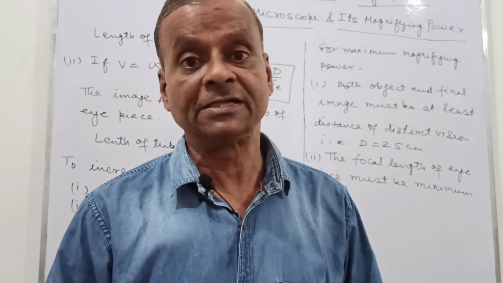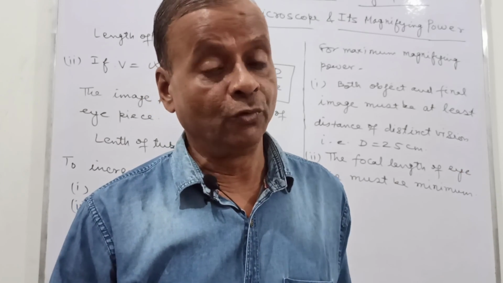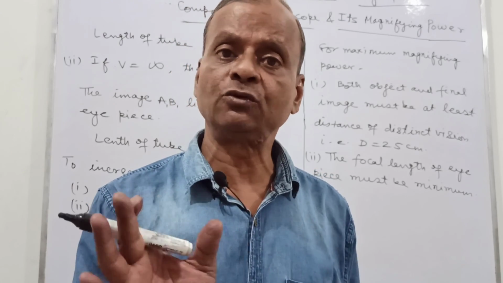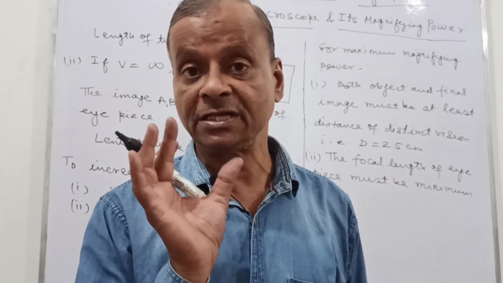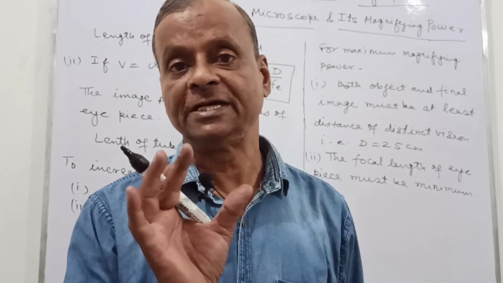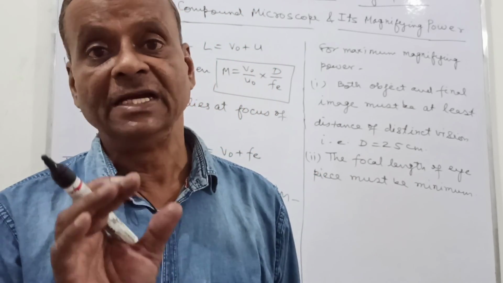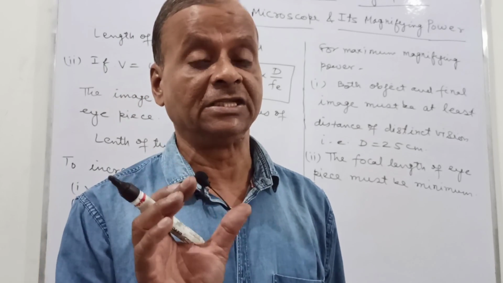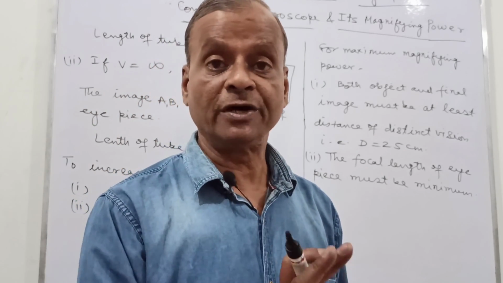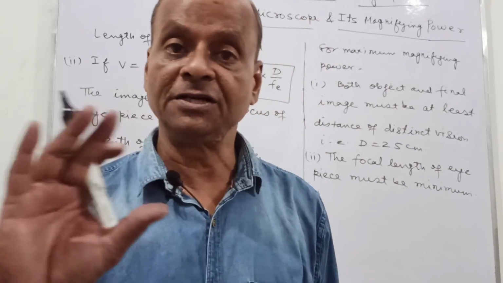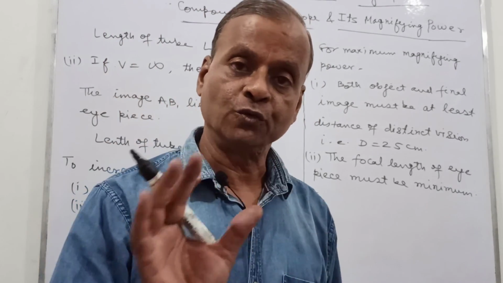So this is why more than two lenses are used. Here I have told you about two kinds of lenses, the objective lens and the eye lens, but actually the microscope we use in the lab has more than two lenses, approximately 4 lenses. So this is why the number of lenses is increased in the microscope.